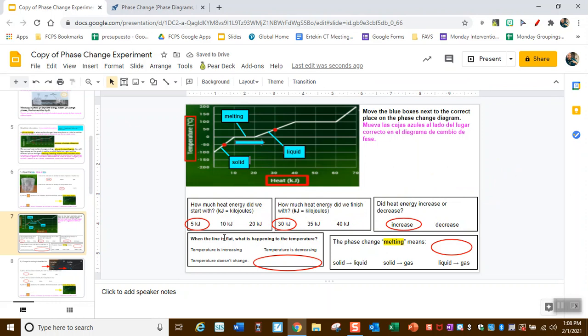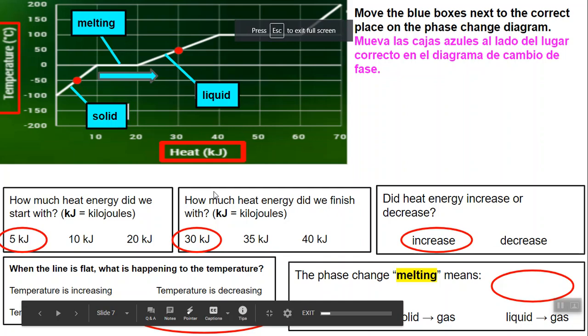When the line is flat, what is happening to the temperature? Is it increasing, decreasing, or staying the same, or doesn't change? Let's look. The left side shows temperature.